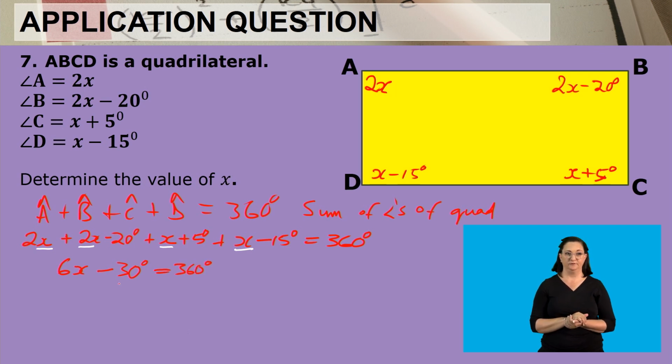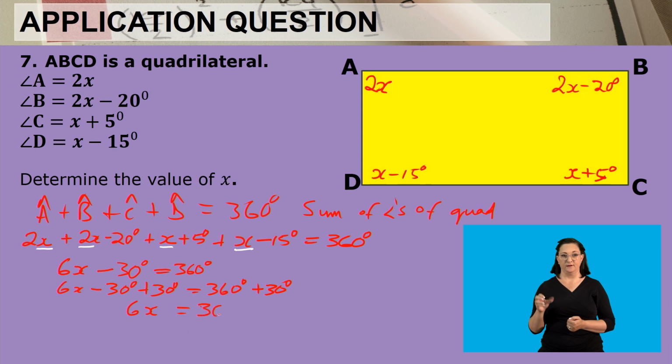We need to remain with x on the left, so we need the additive inverse of negative 30 degrees, which is positive 30 degrees. So 6x minus 30 plus 30 degrees equals 360 degrees plus 30 degrees. On the left we'll have 6x, and on the right, 360 plus 30 would be 390 degrees.